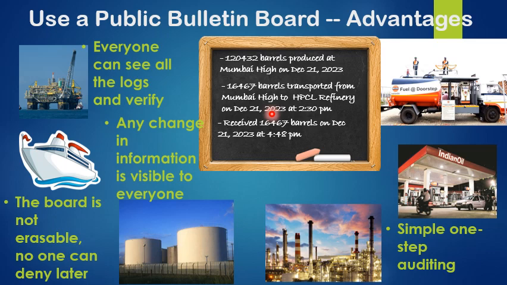That is, all the historical information is there on the board. One can verify by looking at it, and the information on the board cannot be erased. That is, everyone can see it as well as verify it. Everyone is able to see the information on the board, and they should be able to verify the information.